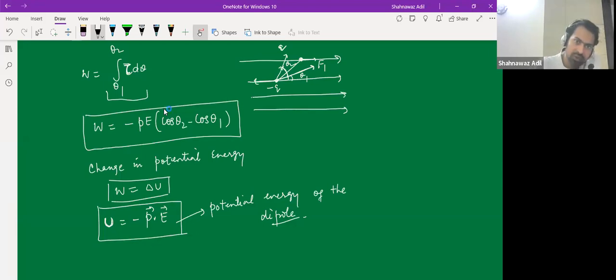So tau is for the dipole in the presence of an electric field. You have already calculated torque. Do you remember what this torque was, from the previous classes?